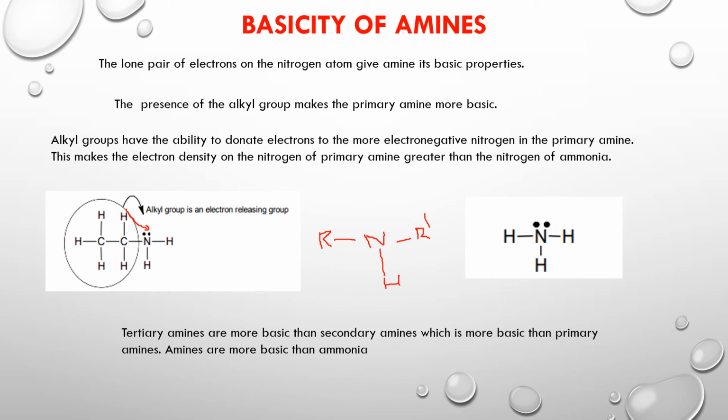Now remember the alkyl groups are big groups compared to hydrogen, and they will carry a lot of electrons. These electrons can easily be given to the nitrogen. So the more electrons given to the nitrogen, the more basic it will become. In ammonia, we have only hydrogen, and hydrogen is not able to provide as many electrons to the nitrogen as expected from the alkyl group.